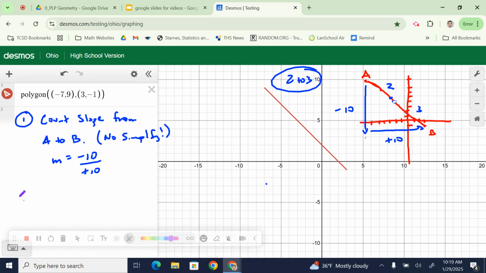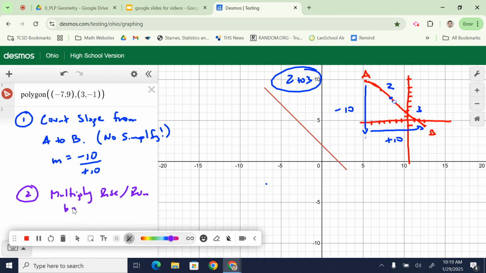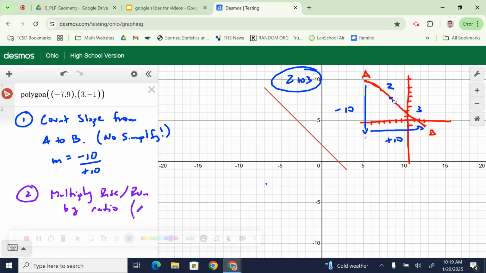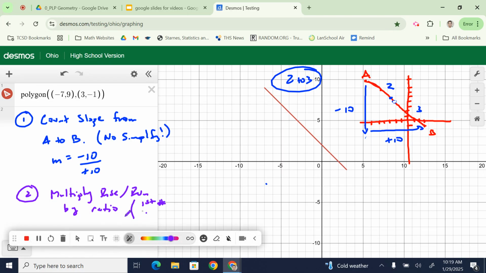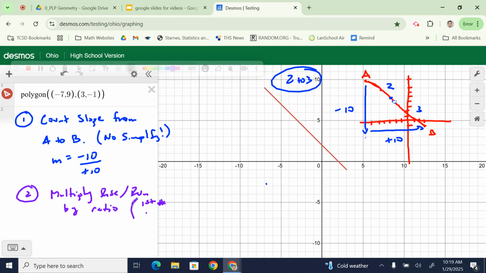Step 2, I'll do it in purple. We are going to take the slope, the pieces, and multiply it by a ratio. Multiply your rise and your run by this ratio, which is the first number divided by the sum.